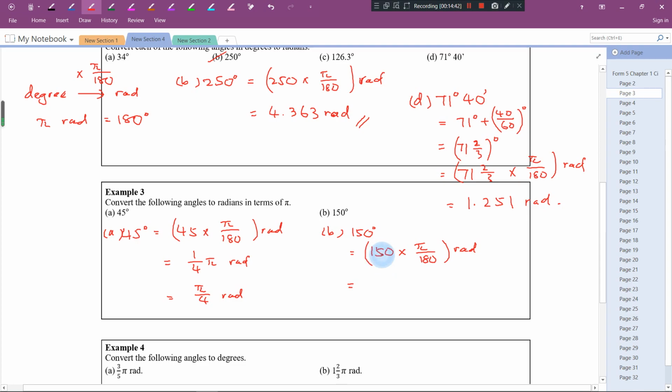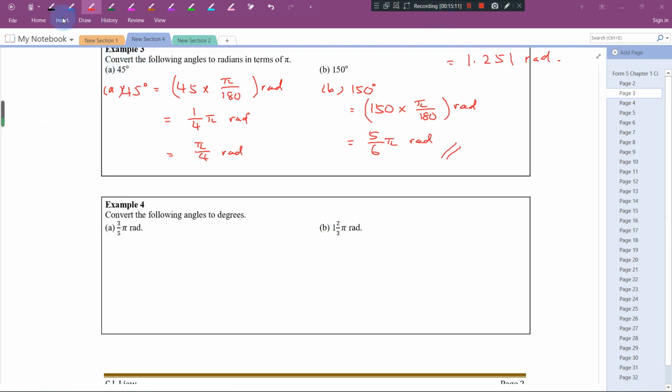So we just press our calculator, 150 divided by 180. You will get a very long decimal. Just convert it to fraction. So it will be 5 over 6 pi radian.